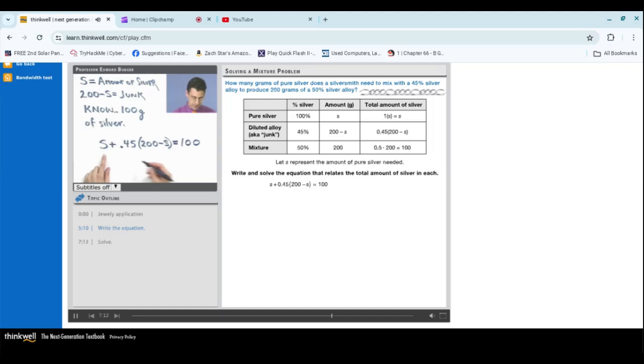So let's do that. S plus, I'm going to distribute the 0.45. If I distribute the 0.45 throughout here, I'm going to see what this is actually going to be. How can I write this? Well, I can write this as 45 over 100 times 200, minus 0.45 S. I'm distributing again, but maybe with fewer mistakes this time.